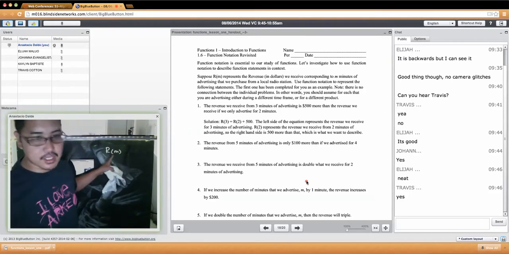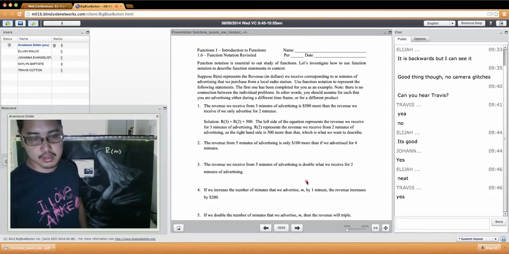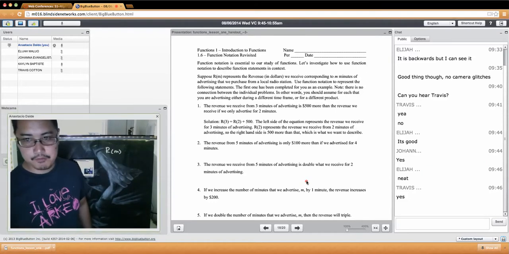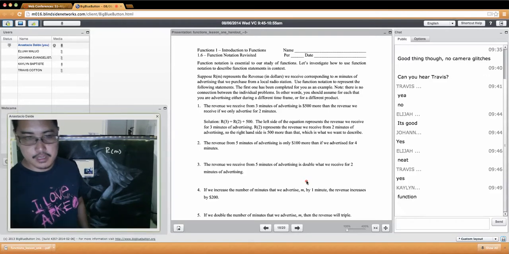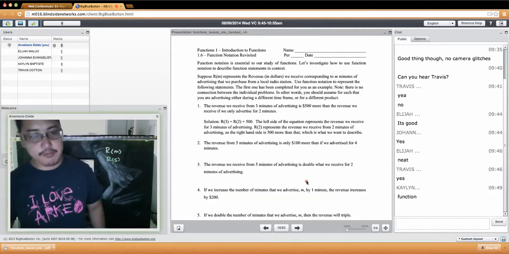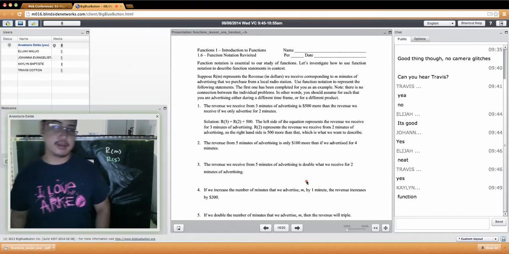Is this that I wrote down a function or a number? It's a function. Now this right here, is that a function or a number?